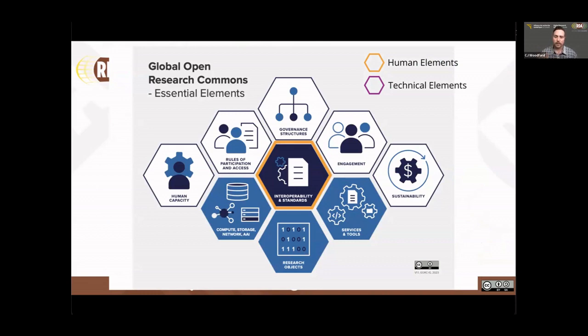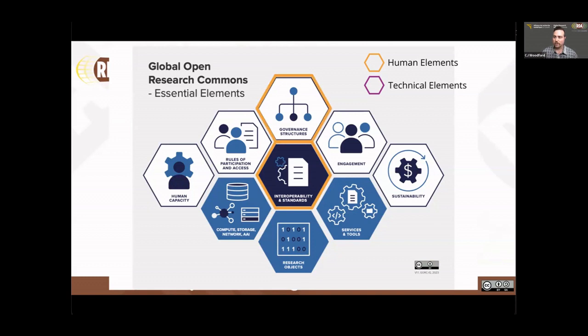Each commons would need to have something in each element, but the model is telling you all the different things you might want to consider. Then it's up to each context to say what considerations you implement or move forward with. There's a set of human elements. The first one here, already in orange, is interoperability and standards and conventions.